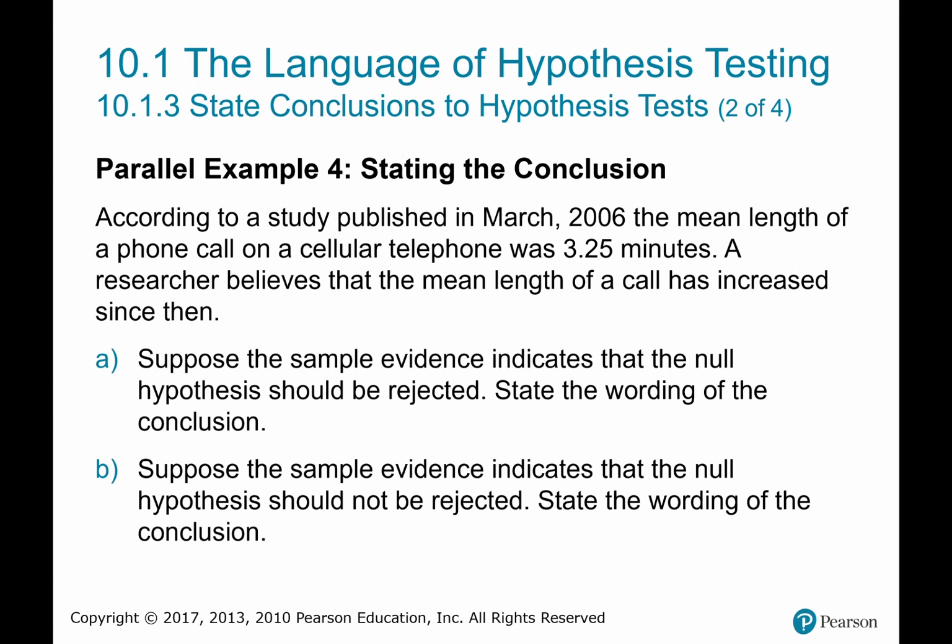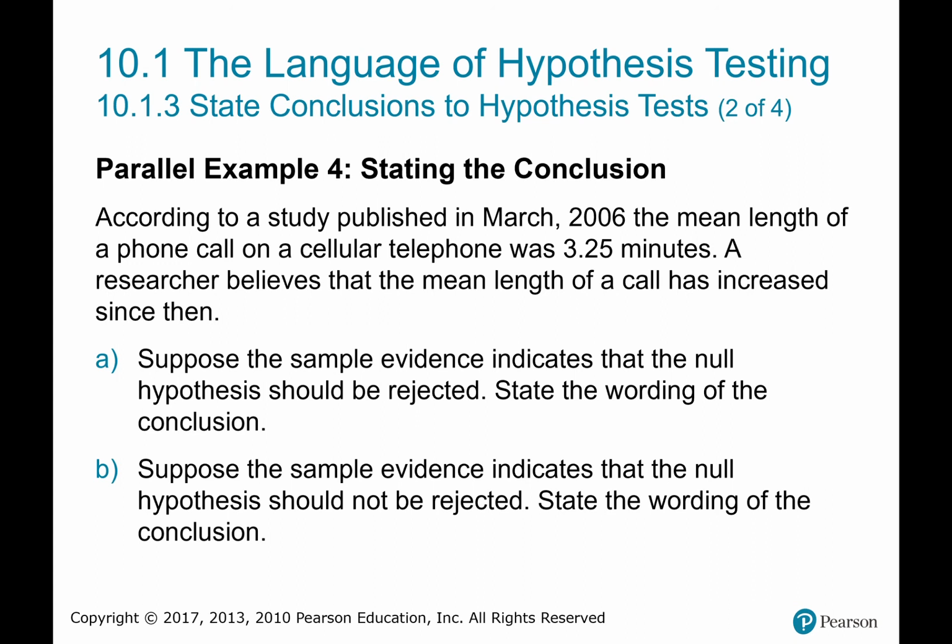According to this, we got a mean. A researcher believes that the mean length has increased. Suppose the sample evidence indicates that the null hypothesis should be rejected. State the wording of the conclusion. I think a good way to say that is we reject the null hypothesis, which means there's sufficient evidence to support that the mean length of a phone call has increased from 3.25 minutes.